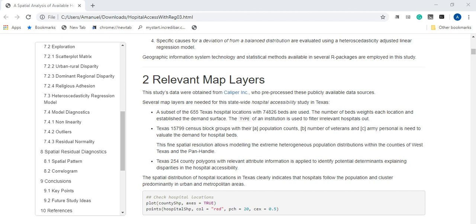And Texas' 254 county polygons with relevant attribute information are applied to identify potential determinants explaining the disparities in hospital accessibility.